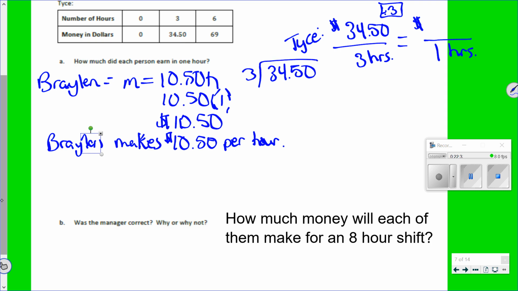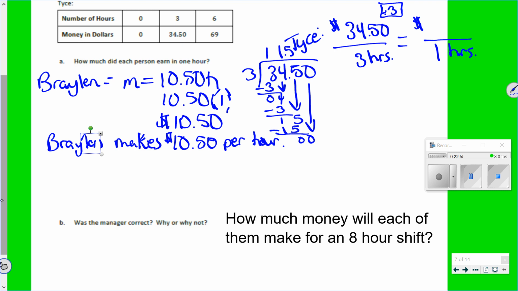Can 3 go into 3? How many times? That's 0. Bring down my 4. 3 and a 4? That leaves 1. Bring up my decimal. Down my 5. 3 and 15? I still have to use the 0 they gave me.